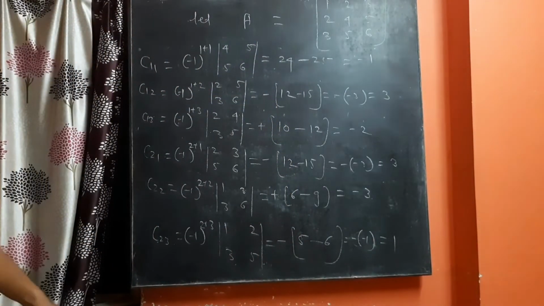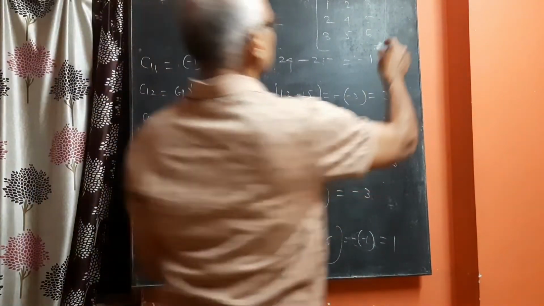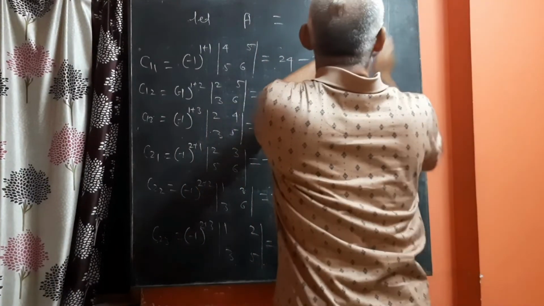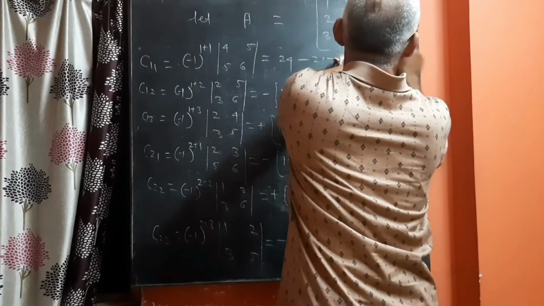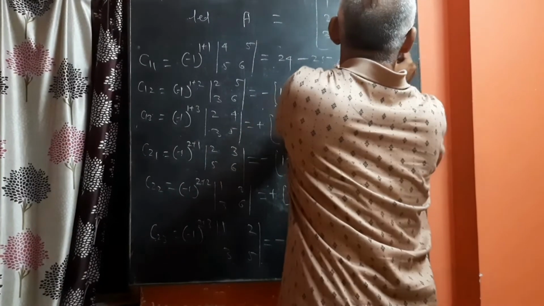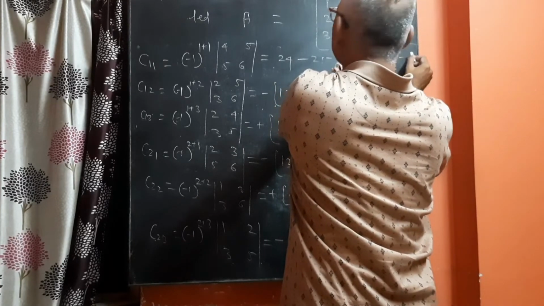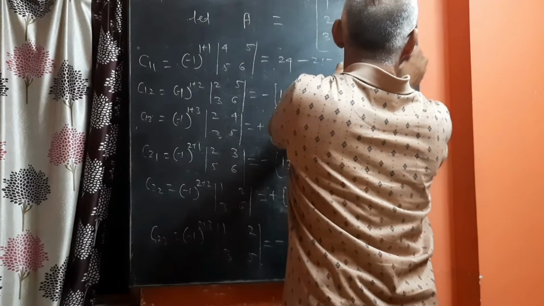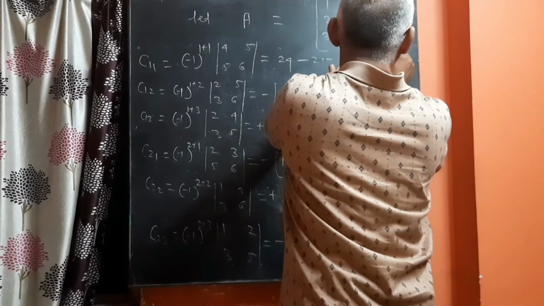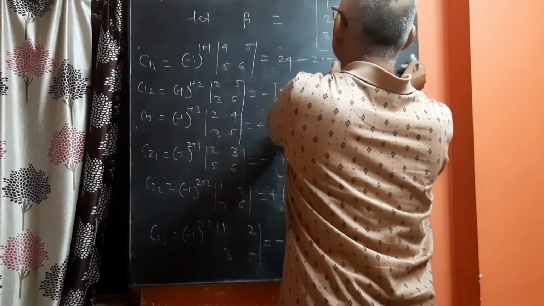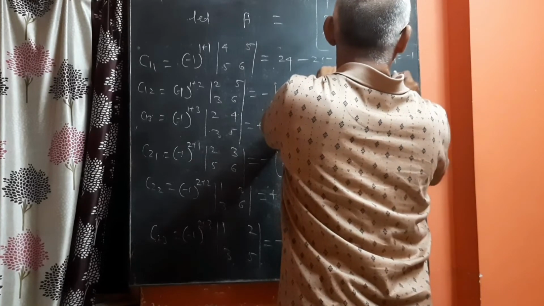So the elements are right here. हम लोगों को मिला है C11, C11 we have got, that is equals to minus 1.